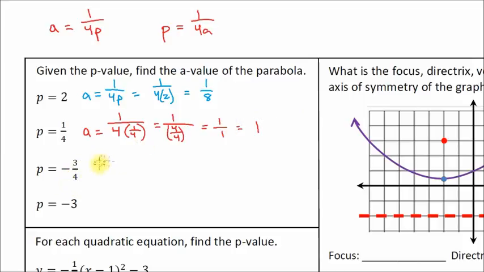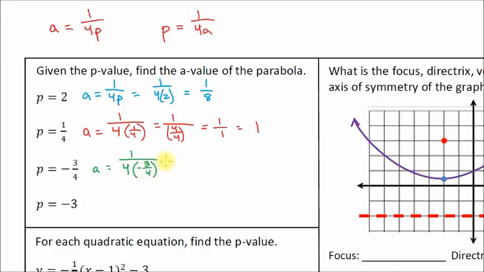Next one, p equals negative 3/4. Again, when you write these, be careful. Make your dividing line really long so you can keep track of your numerator and denominator. So p is negative 3/4, so a is equal to 1 divided by 4 times negative 3 over 4.